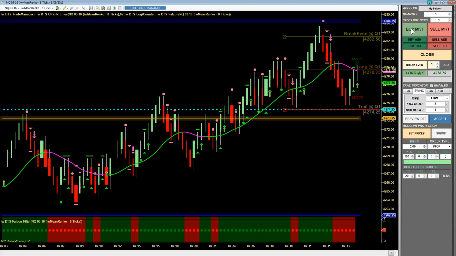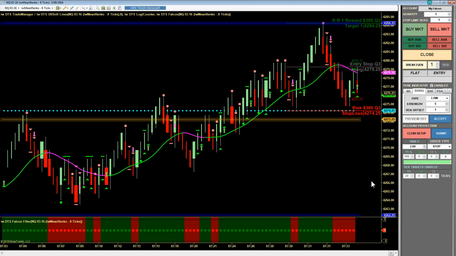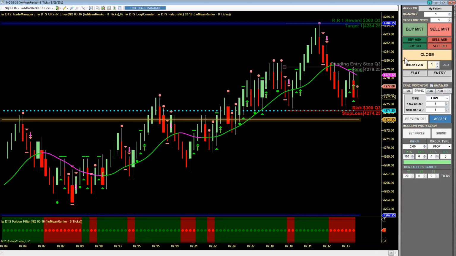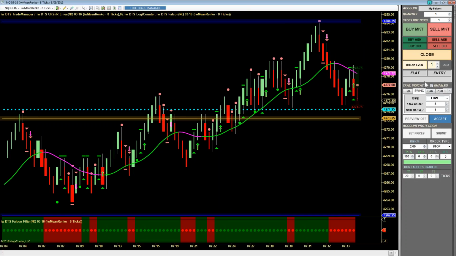Yeah, no, if you're using the market buttons, you don't get a profit target. You have to use the set prices button in order to get your profit target to preset. And then you hit your submit and you wait for your order to get filled. But yes, almost guaranteed your trail indicator was not turned on.